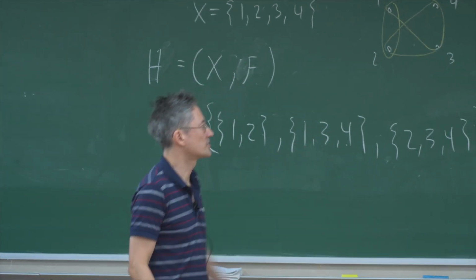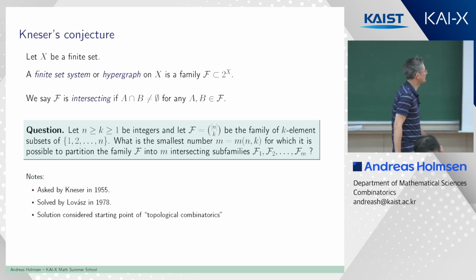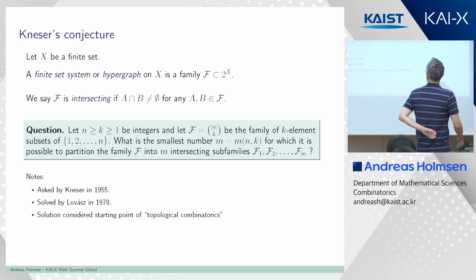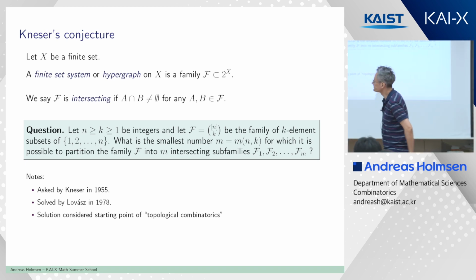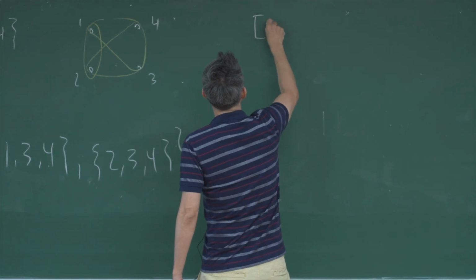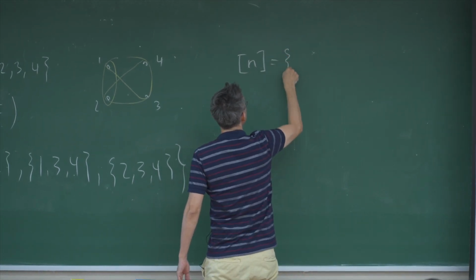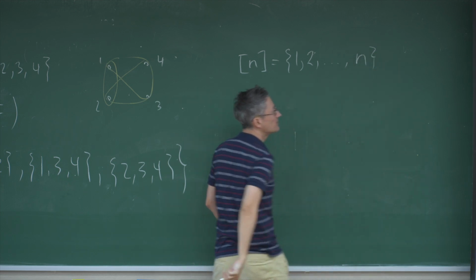Okay, and then we have the notion of intersecting hypergraph. Now here is a question from 1955, which says: let n and k, n greater or equal to k, greater or equal to 1, be integers, and consider this hypergraph. Now, what does that mean? When I write [n], it usually means the set {1, 2, ..., n}. Okay?